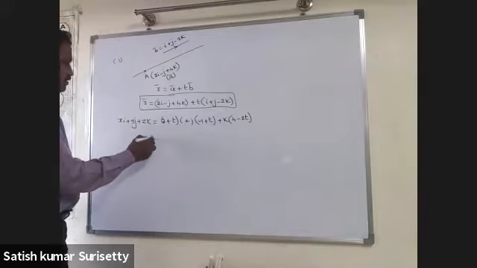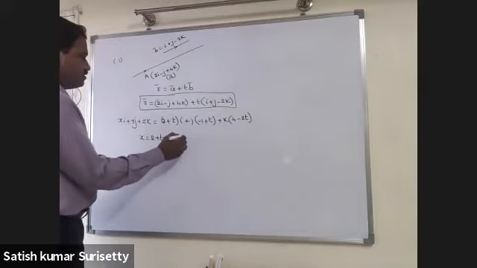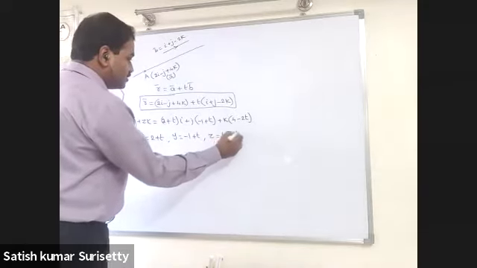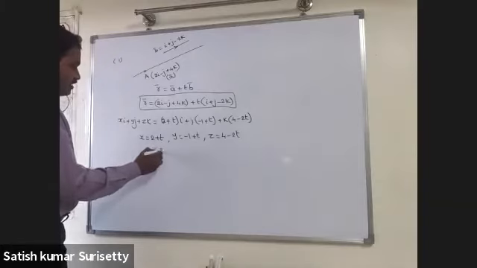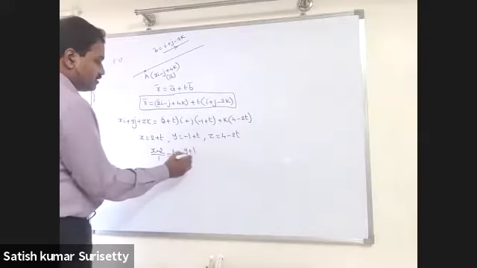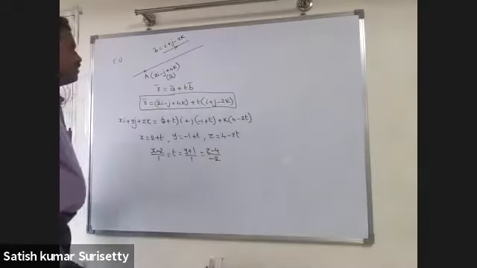So x equal to 2 plus t, y equal to minus 1 plus t and z equal to 4 minus 2t. So (x minus 2) upon 1 equal to t equal to (y plus 1) upon 1 equal to (z minus 4) upon minus 2.